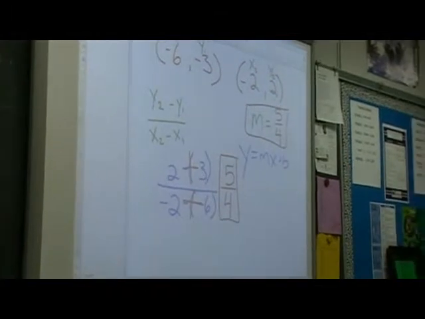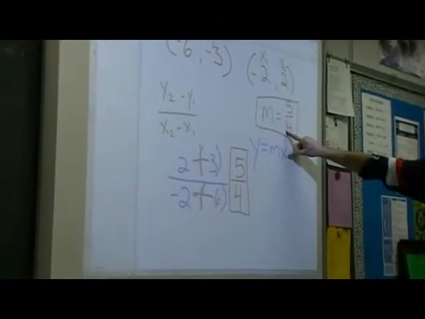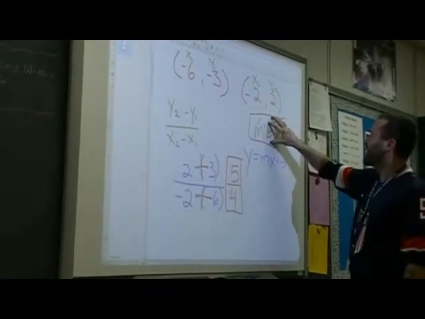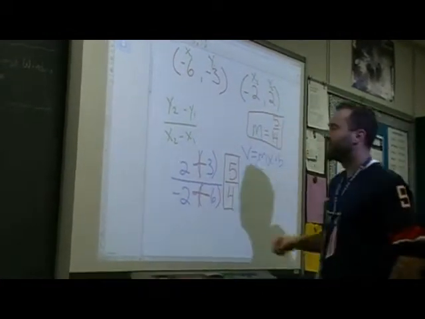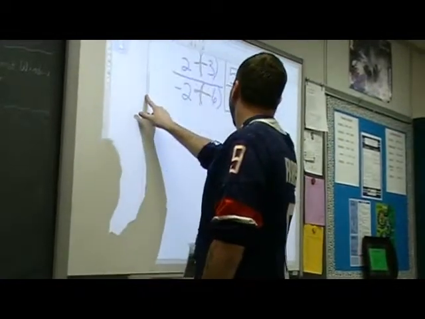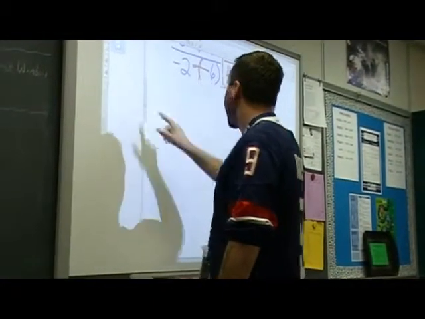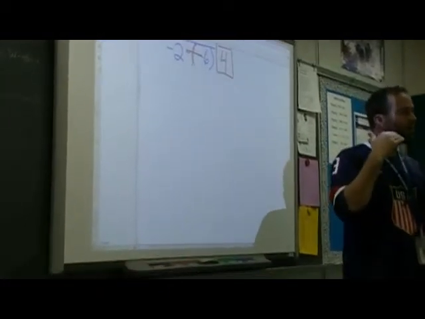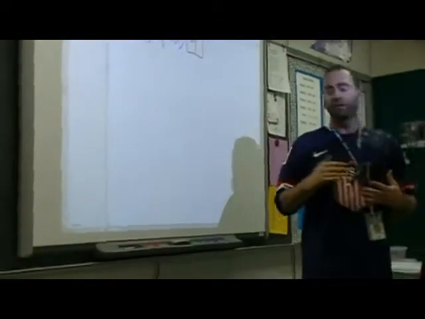With that information, we're going to take our m, and we have to use our other formula. So we've got the y2 minus y1 over x2 minus x1.